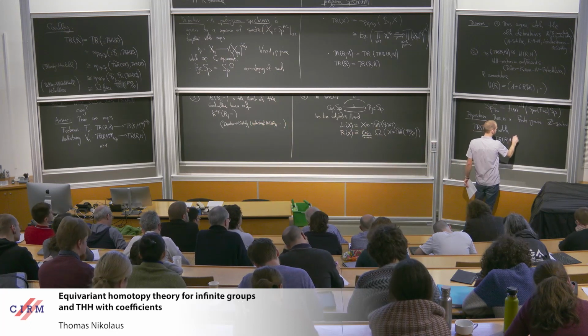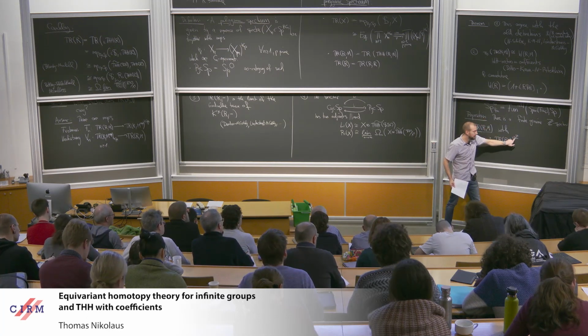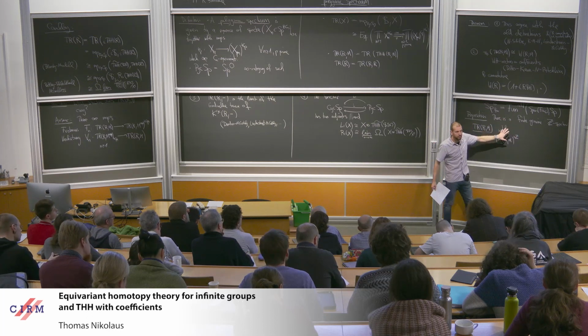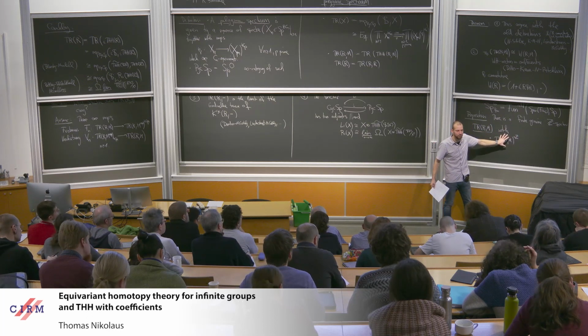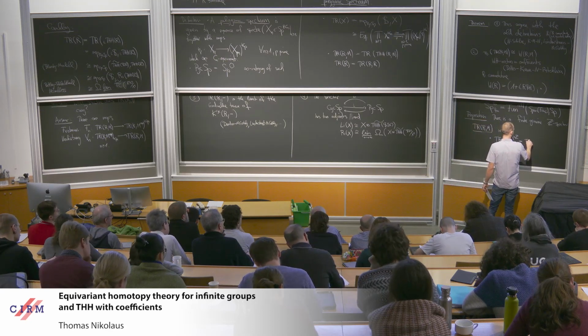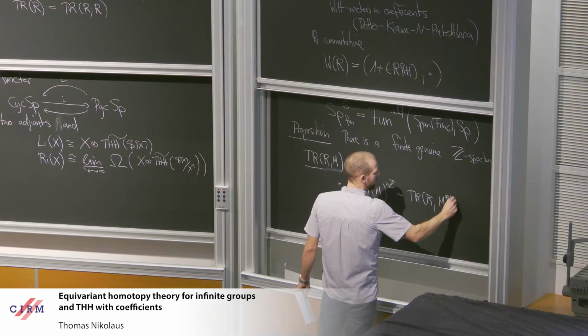So this is the evaluation of this functor. This is usually written upstairs with the subgroup. I guess this is confusing if you have never seen it, but this is how the notation goes in equivariant homotopy theory. And so the claim is that this is actually TR R, n-fold tensor product.